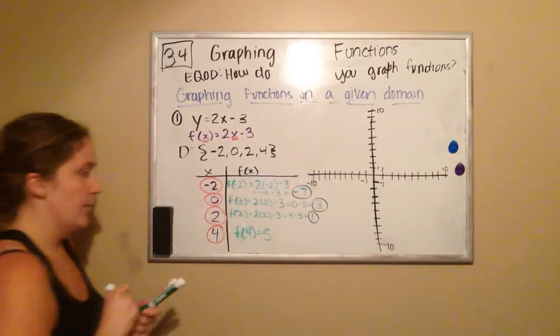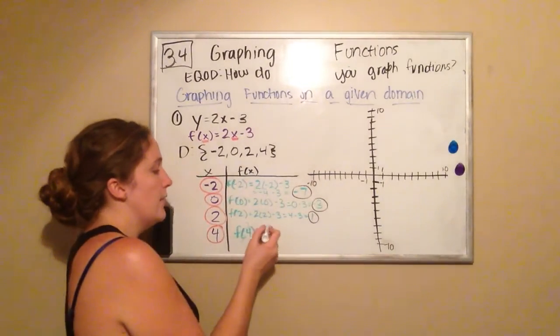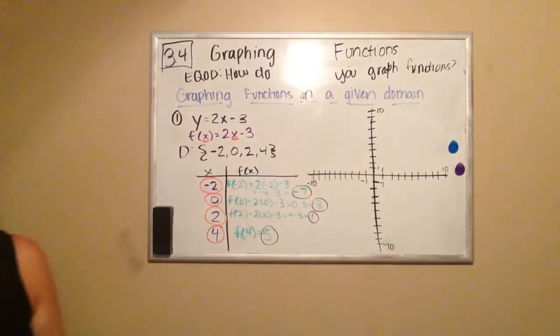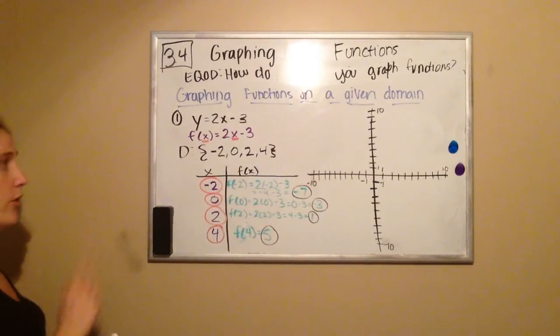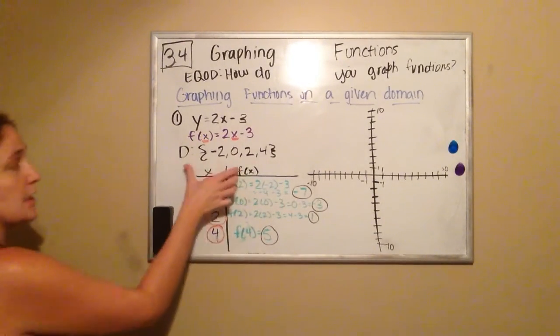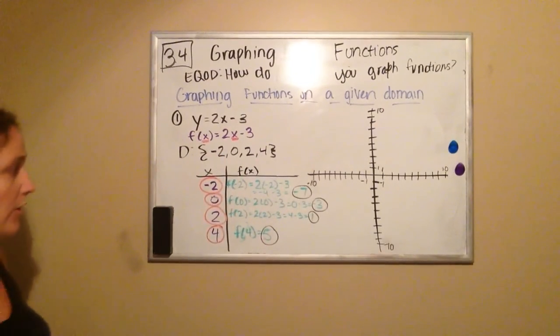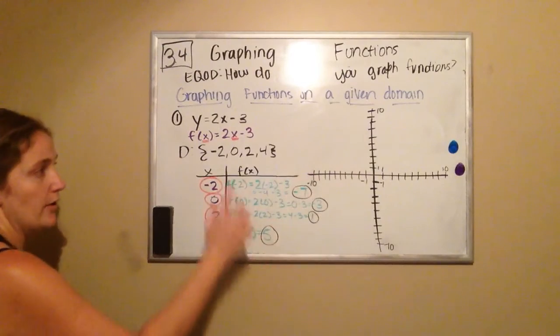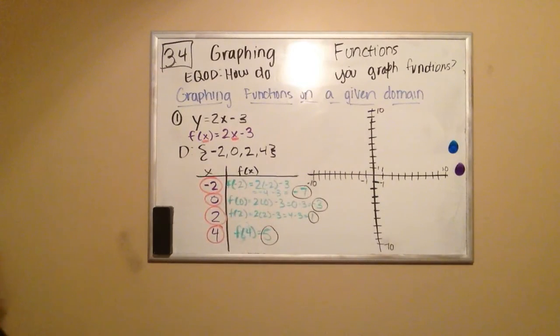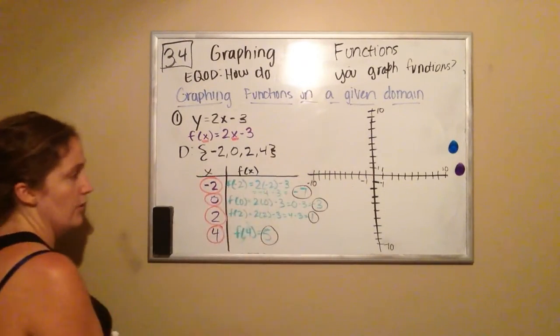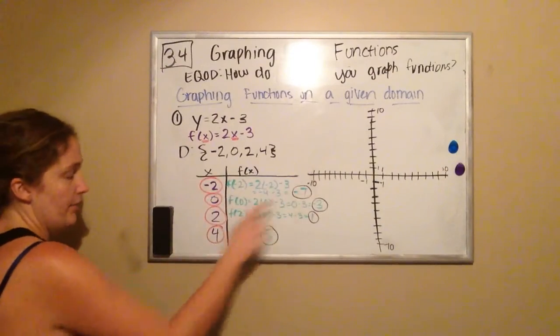Alright, awesome. So now what we have here is our 4 coordinate points. And these are the only 4 coordinate points that are going to go on our graph because we were given a specific domain. That was our domain. So when we look at our x, y values, we're going to plot all of those. So our first x, y value is -2, -7.